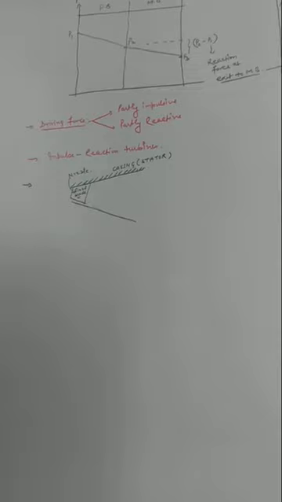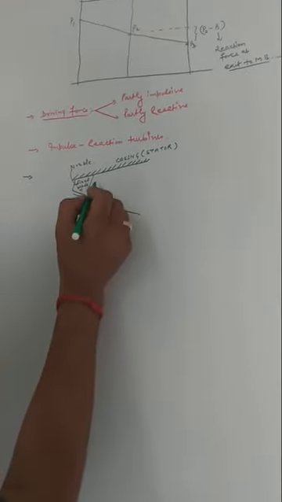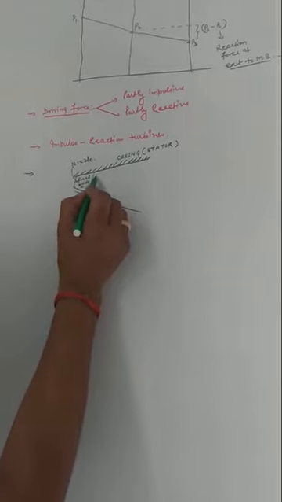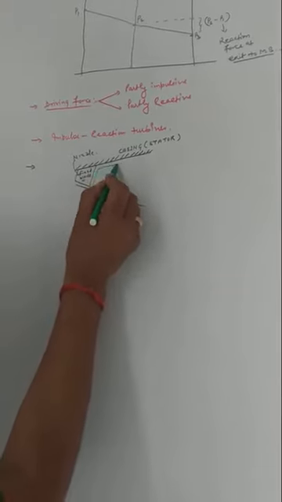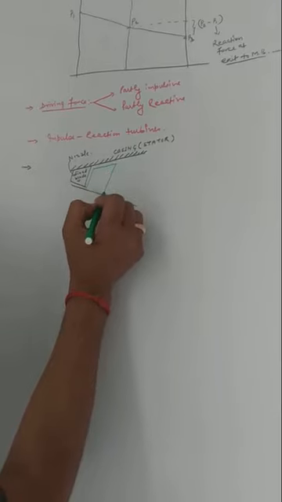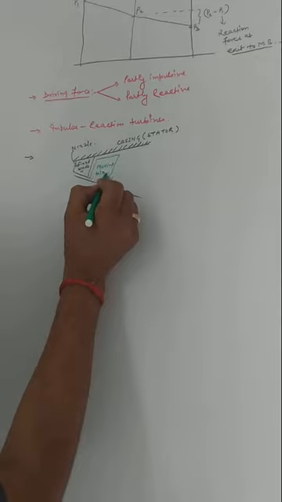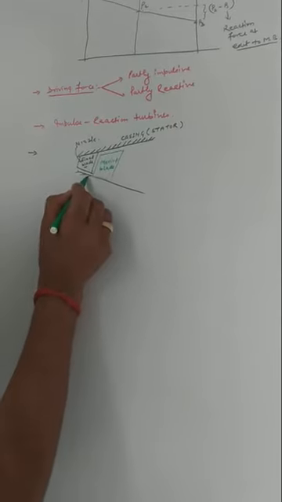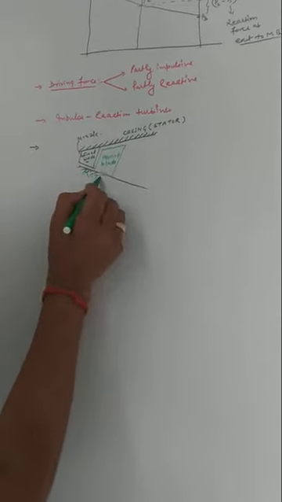Okay, and further moving blades are arranged on the rotor. This is moving blade. This is rotor.